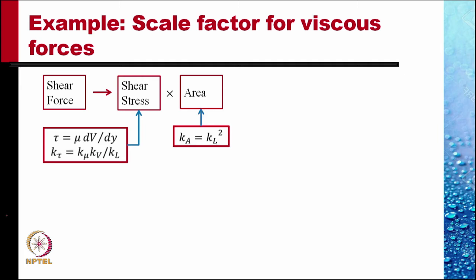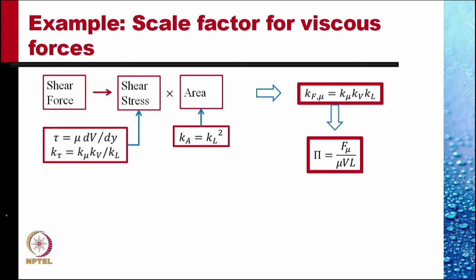The area scale factor Ka is Kl squared, as was shown in the last class, and therefore K for the viscous force is equal to K mu Kv times Kl. This is the scale factor for the viscous forces.